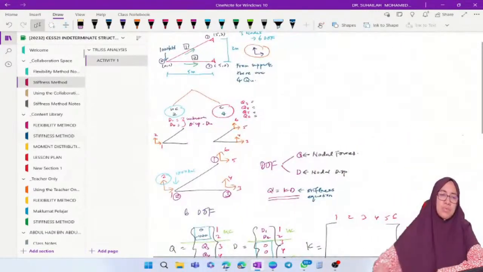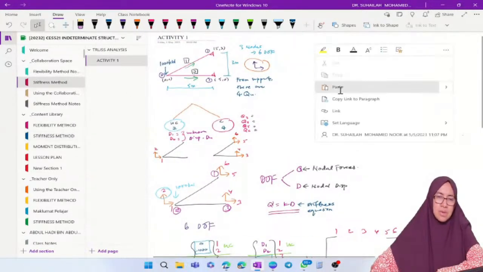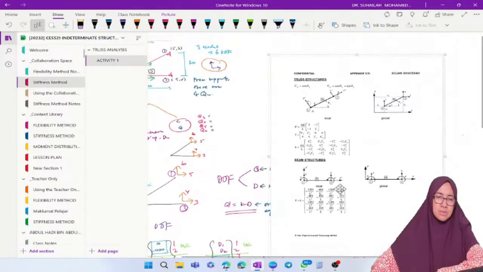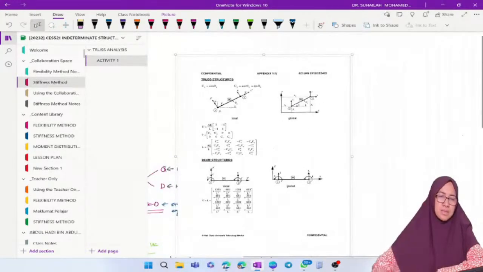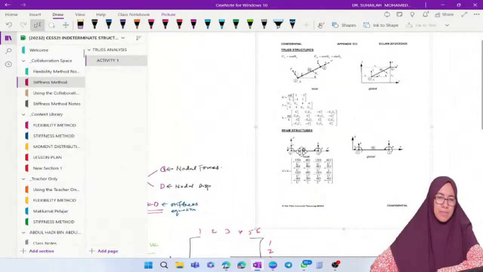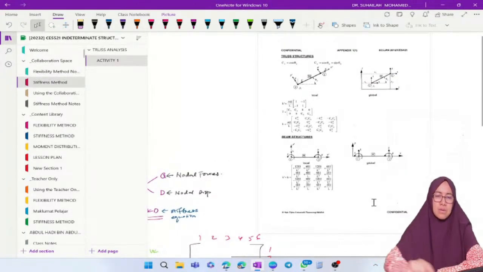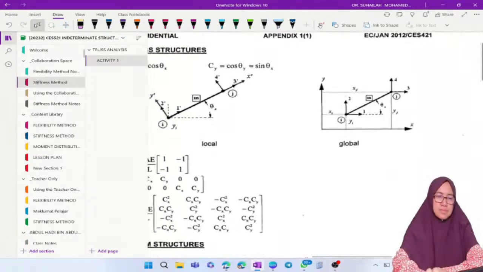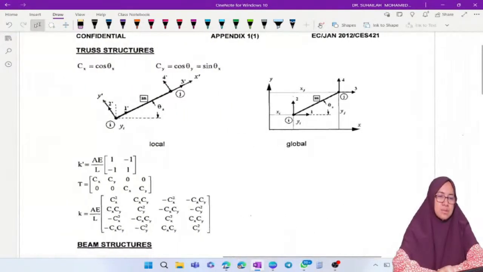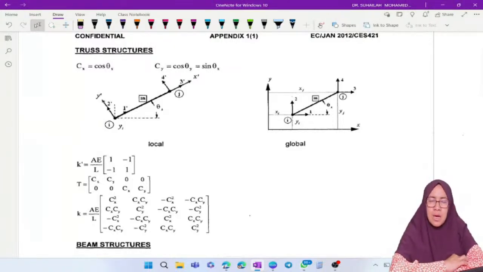I will put the appendix here temporarily; later on I will put it under the content library. This is the appendix given in the final exam, the appendix for truss structure.